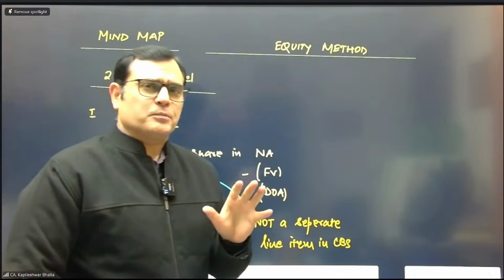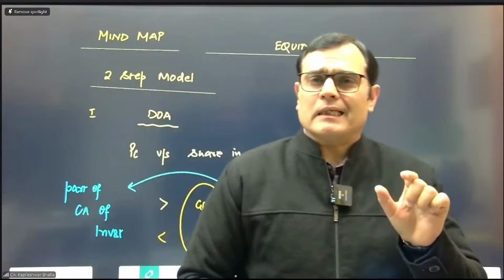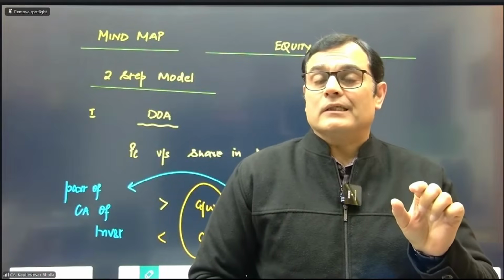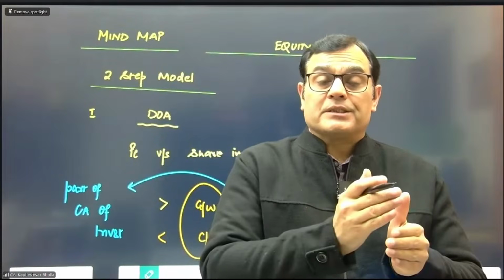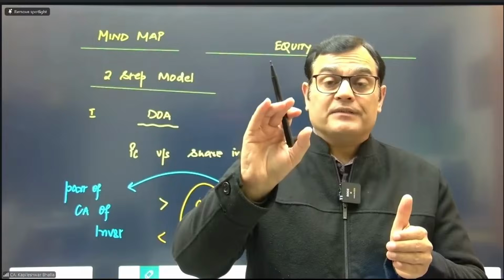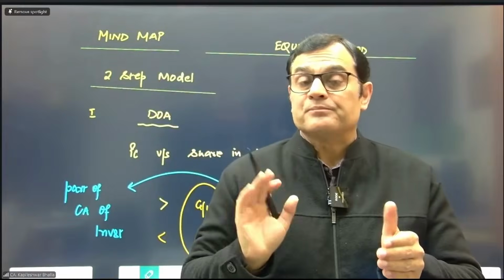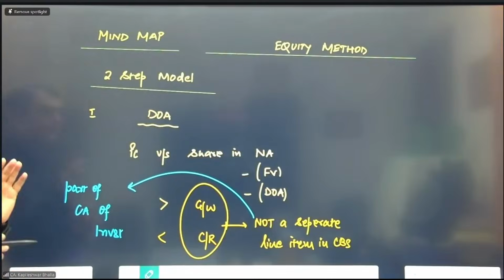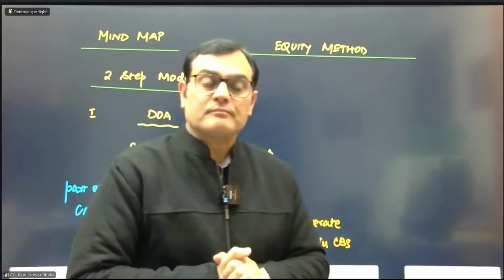So I think the first step is pretty simple and straight: just identifying the premium, the goodwill paid, or the gain, which is a capital reserve, but it's never a separate line item in the balance sheet. It's reflected as a part of the carrying amount of the investment in the balance sheet.